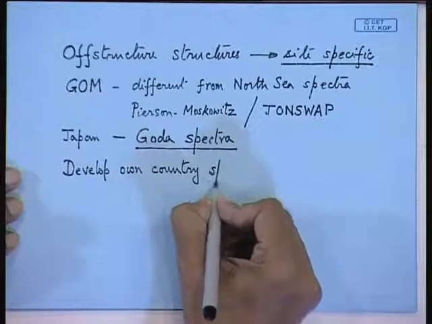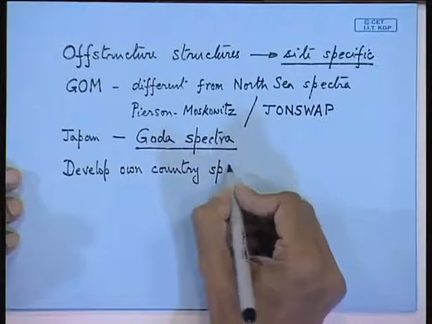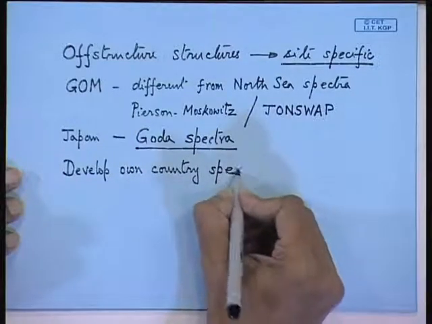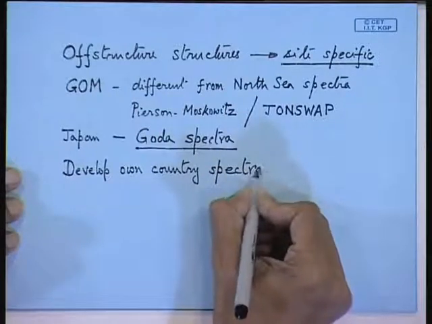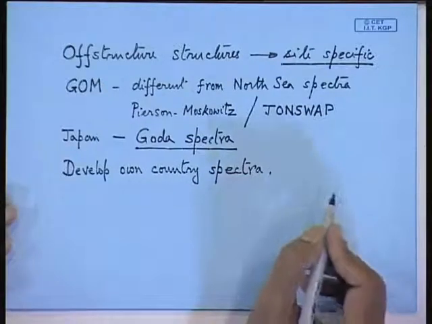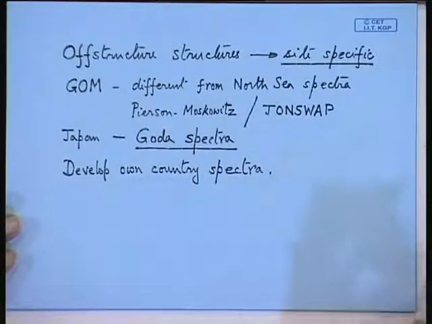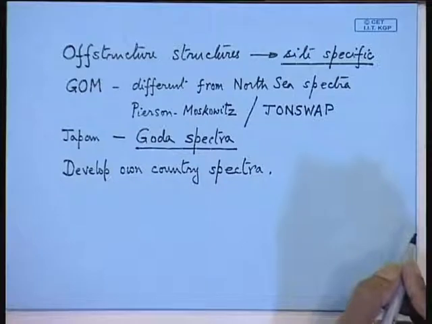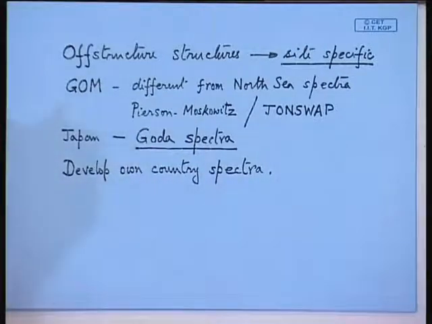In our country, I do not know whether the National Institute of Oceanography has done that or not, but nowadays I think they are doing it. So develop your own country spectra to be more specific. Now, this is used in offshore structures. So this is the discussion of spectra.